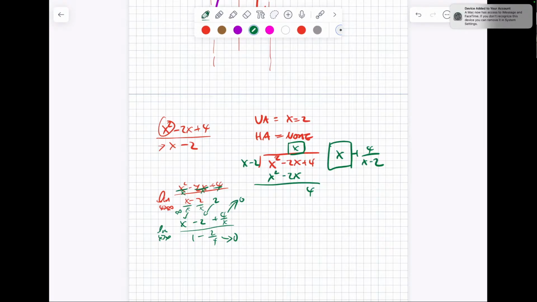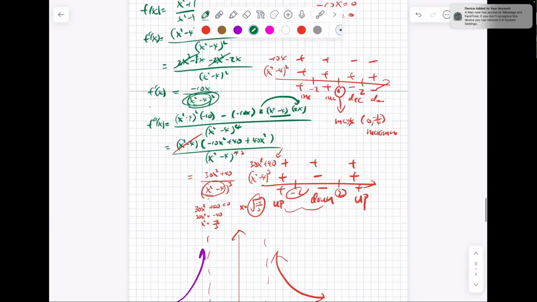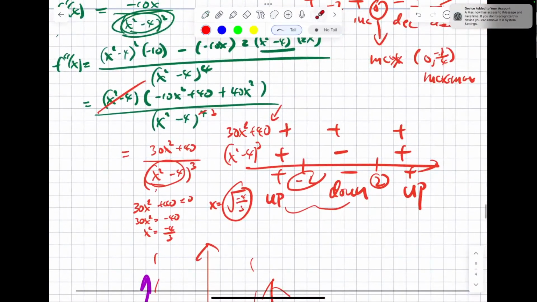Yeah, I got a question. Sure. I still don't understand why, when we're doing the f double prime graph, we plug in the numbers that are in the denominator for the number line. Because it affects the sign. The bottom still affects the whole second derivative. Why do I need to worry about the bottom? Because the top is always positive.